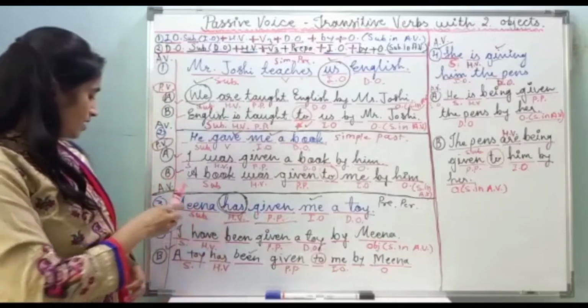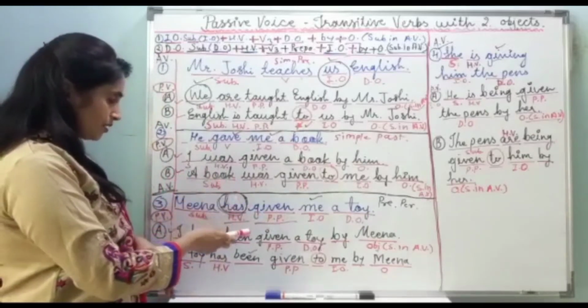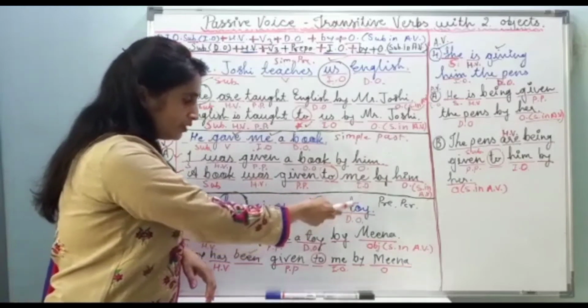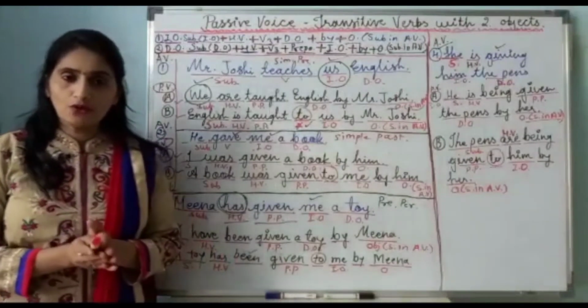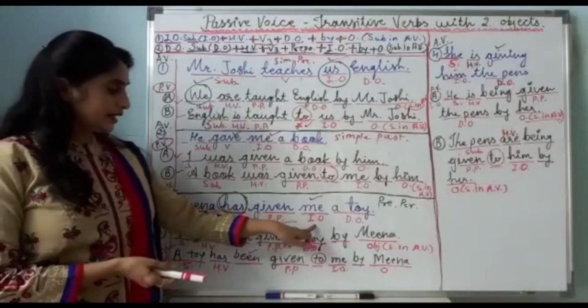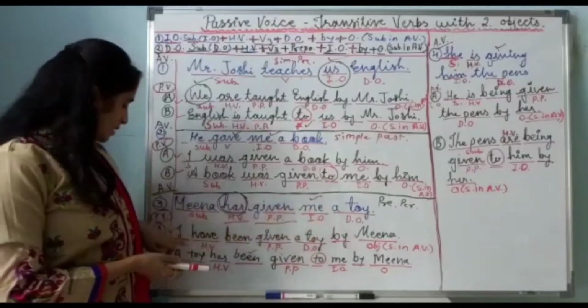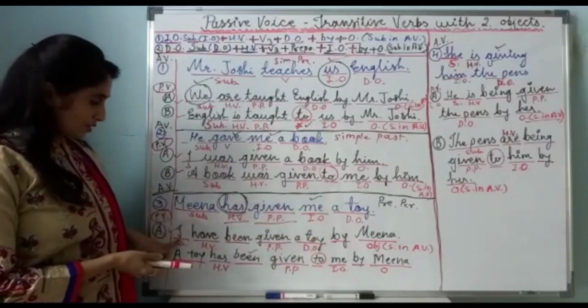See this. Meena is the subject, has is the helping verb, given is the past participle, me is the indirect object, and a toy is the direct object. Now first of all, let us take the indirect object me. This becomes I in passive voice.